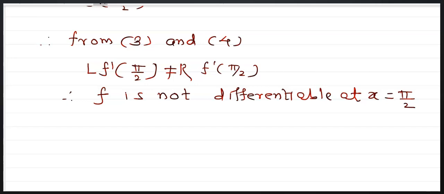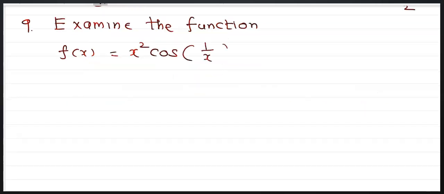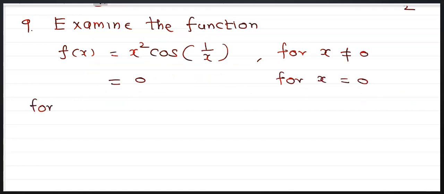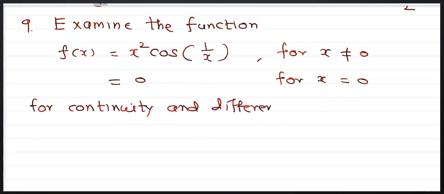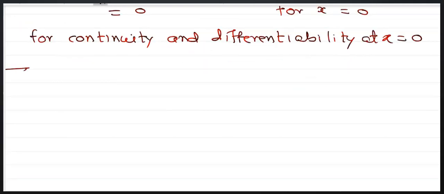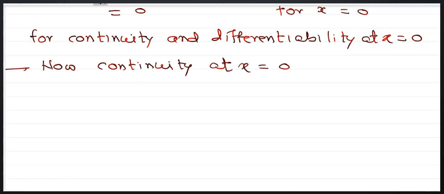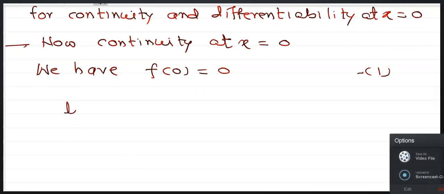Examine the function f of x equal to x square cos of 1 upon x for x not equal to 0, and equal to 0 for x equal to 0, for continuity and differentiability at x equal to 0. Now the continuity at x equal to 0: the value is 0, and the limit is also 0.